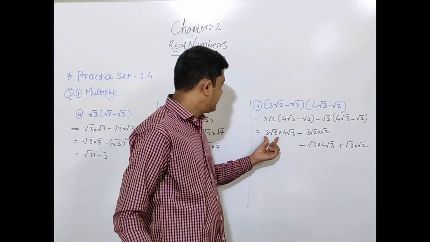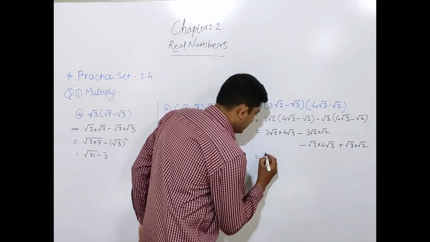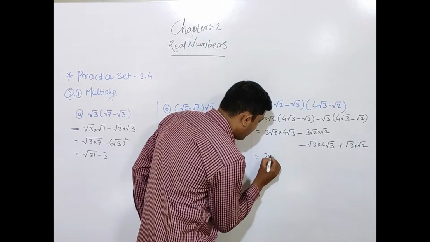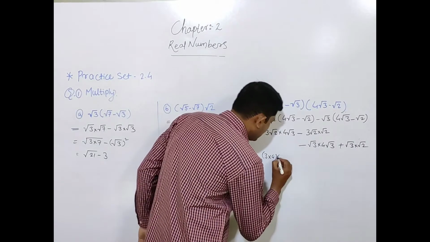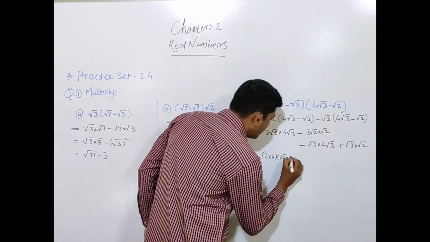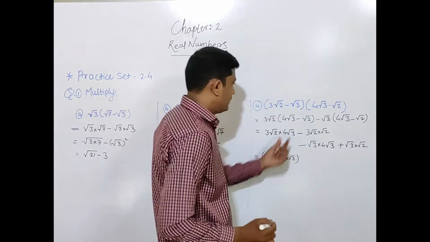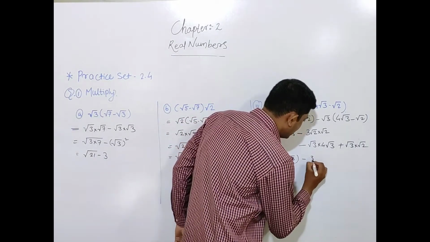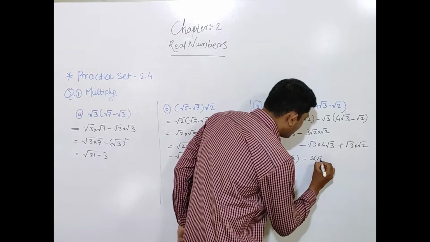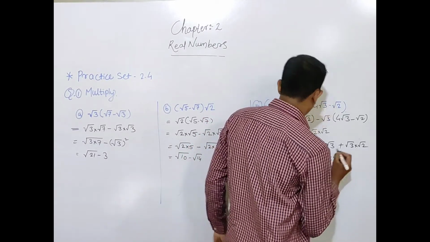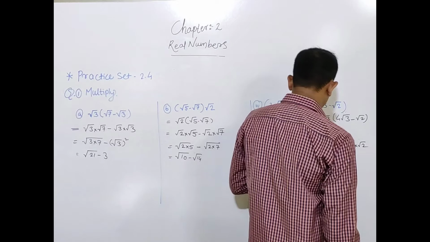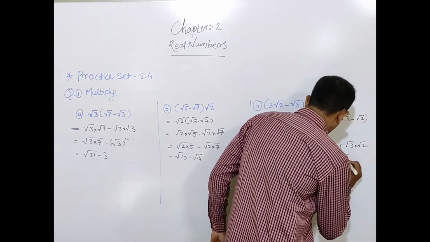In this case, 3 will multiply to the 4 and the root term will be multiplied to the root term. It is root of 2 into root of 3, minus 3 into root of 2 into root of 2, minus root of 3.